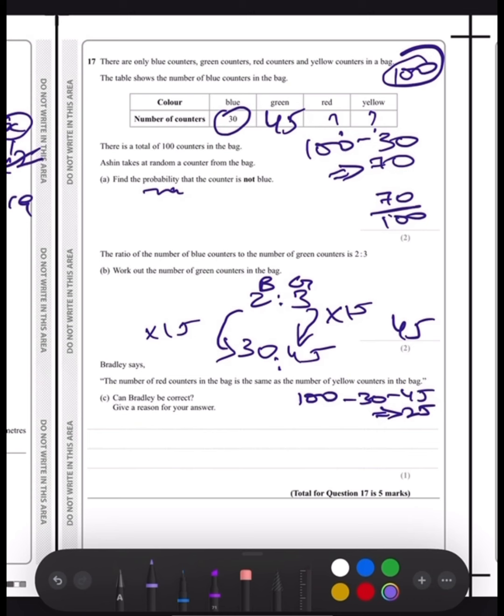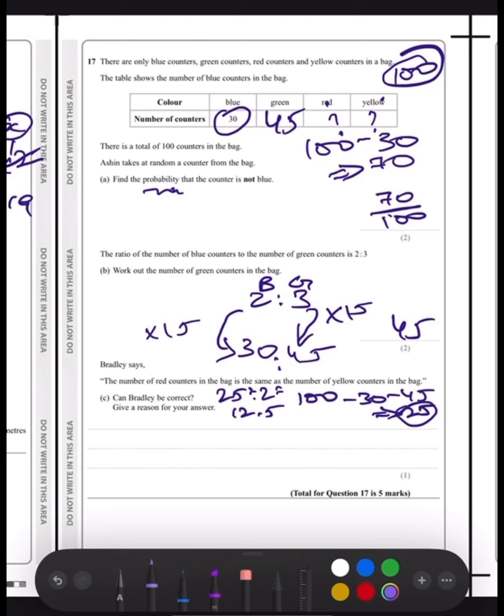So now, is the number of red counters in the bag the same as the number of yellow counters in the bag? We can't say that they are the same. Why? Because we got an answer of 25, and when we halve it, because that's the value of red and yellow, it gives us 12.5.